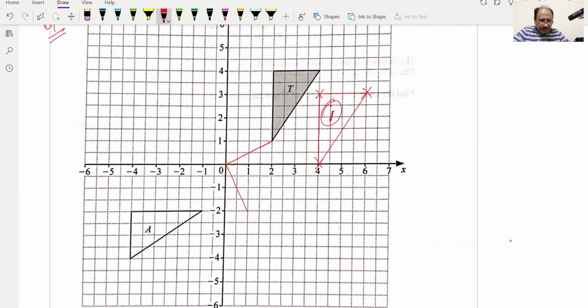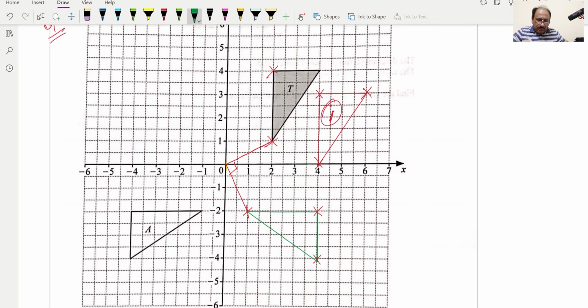So this will be the 90 degree angle, and this point will shift over here, and similarly this point will be rotating and shifting to, this is 1, 2, 3 units, so it will reach over here, and the lower point will be 2 units down, so 2 units down will be this one, and the triangle which we will get will be the rotated triangle, rotated 90 degrees clockwise.